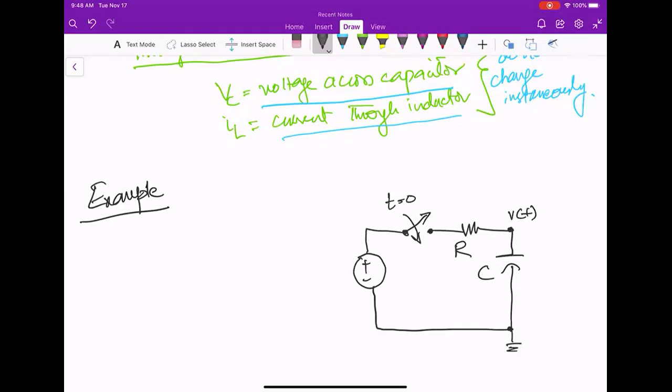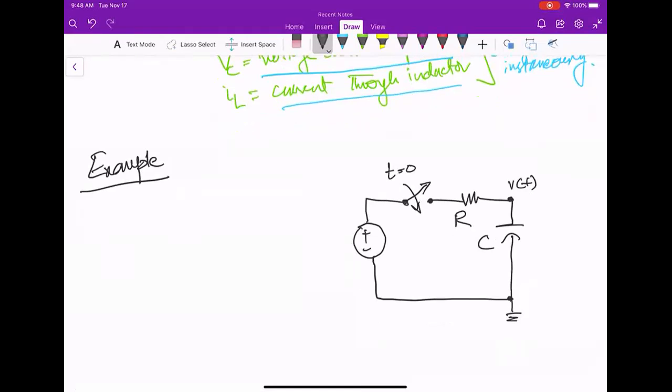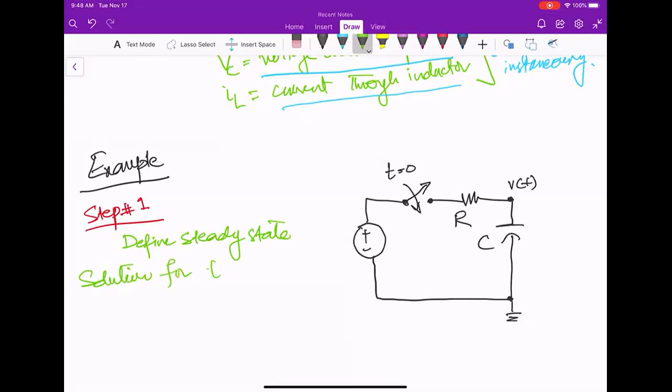So we need to take care of both of these elements. So step one to solve this question: we are given that at time t equals 0, the switch closes.